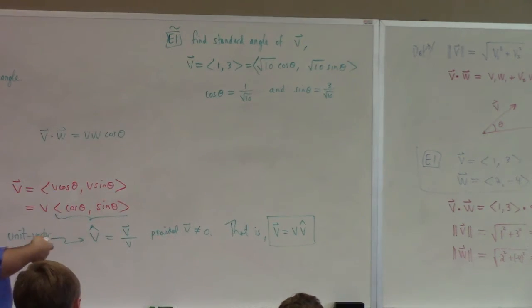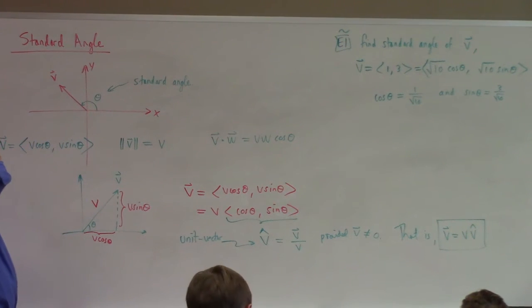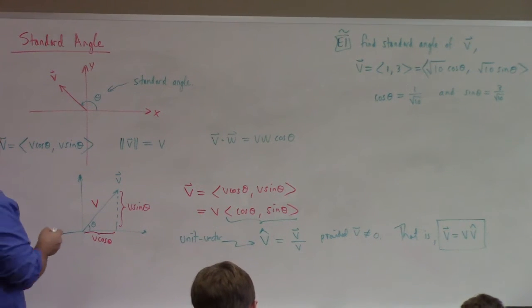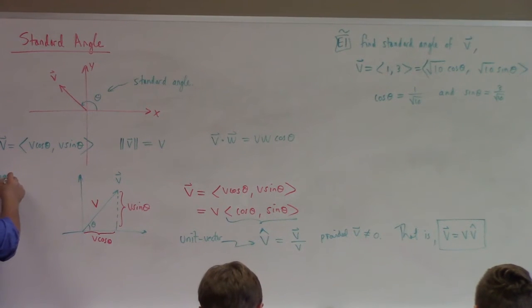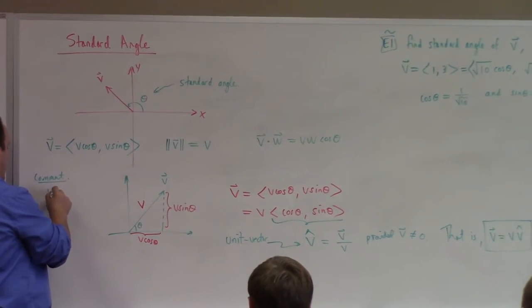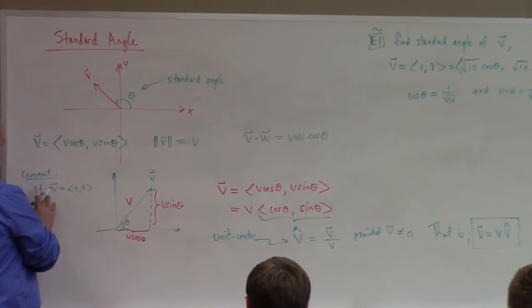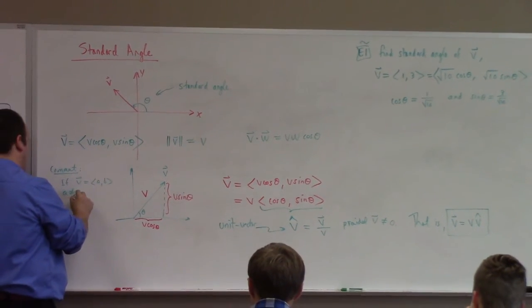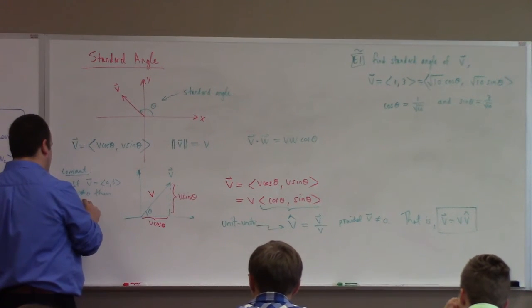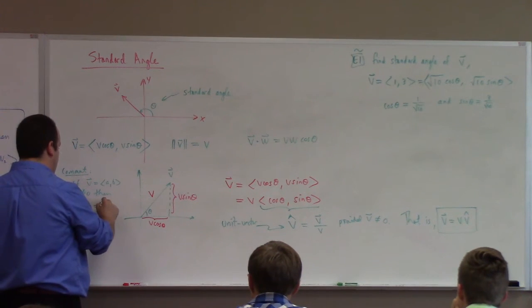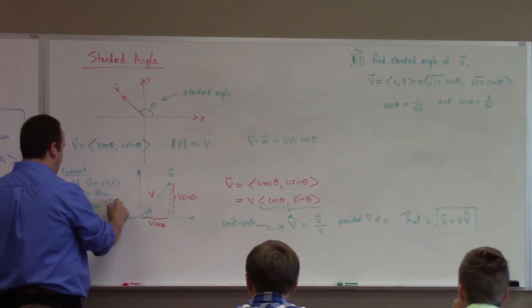Is there anything else that you can say? Here's a comment I might make. If V is equal to, let's say, (A, B), and A is not equal to 0, then B over A is equal to V sine theta over V cosine theta, which is just what?